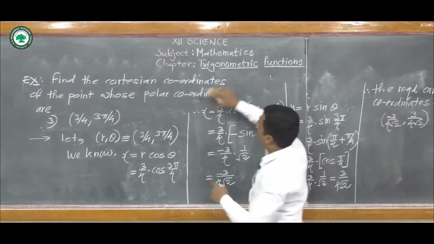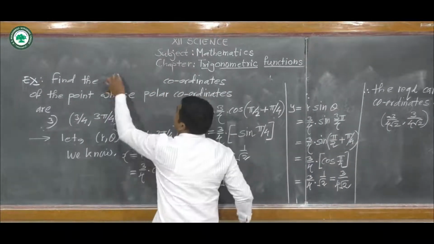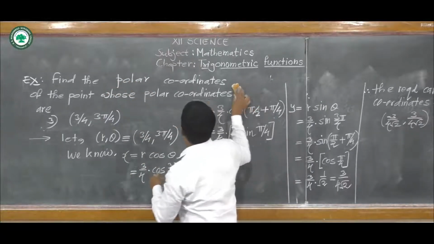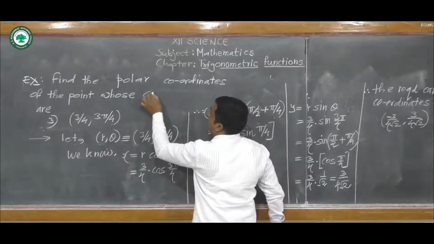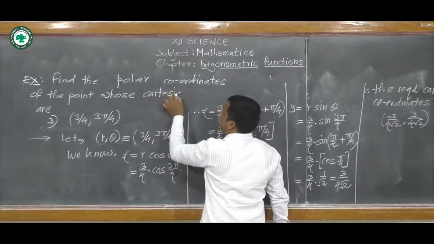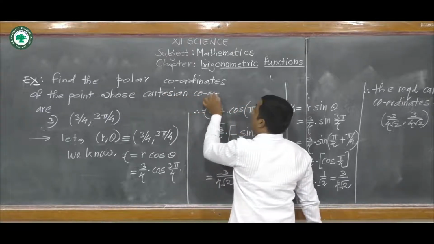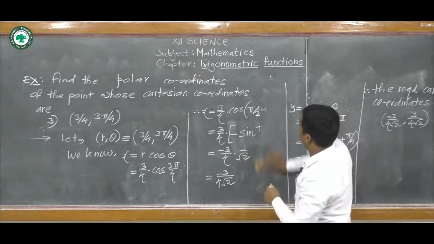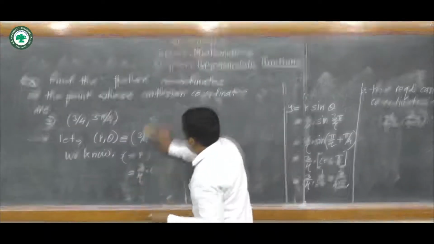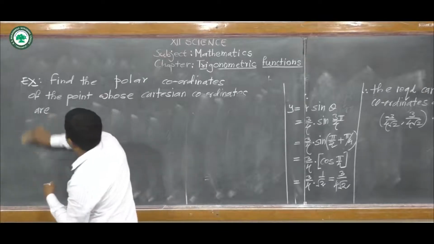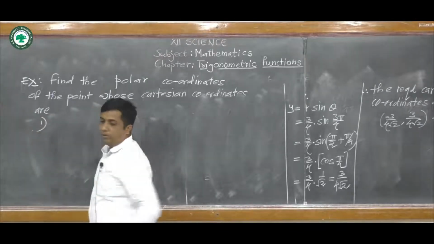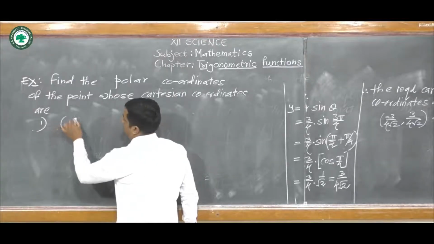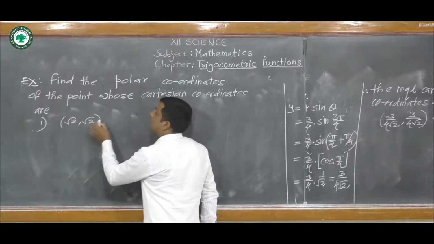So find the polar coordinates of the point whose Cartesian coordinates are root 2, root 2.